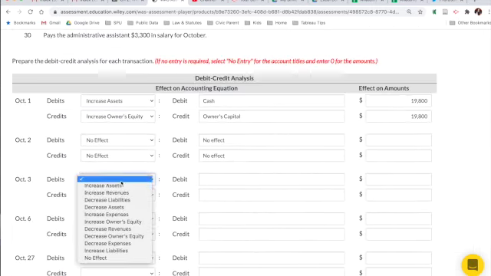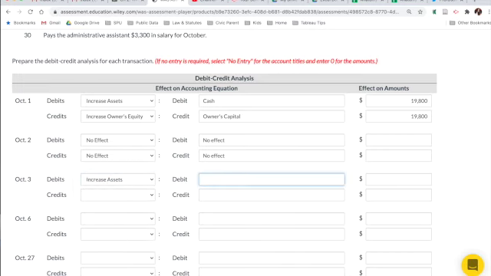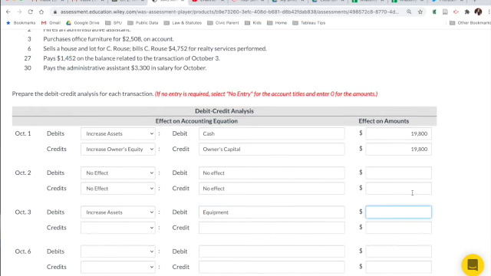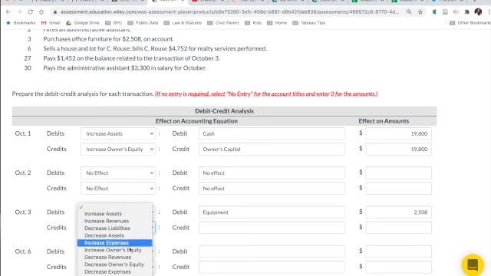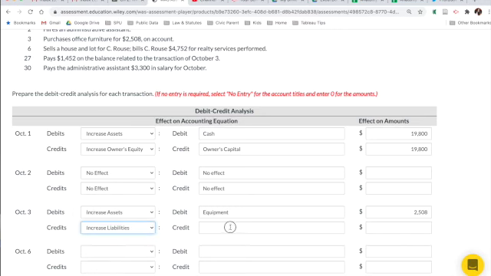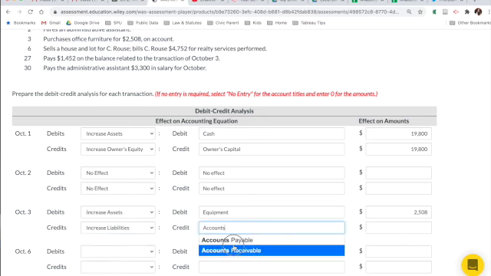This is where we saw, again, we increase assets, and it's going to be equipment, not furniture. So just wanted to note that. I didn't want that to be a point of confusion. And that, of course, was $2,508. And in that transaction, we also increased liabilities, and that was accounts payable. So this is how we would fill this out.